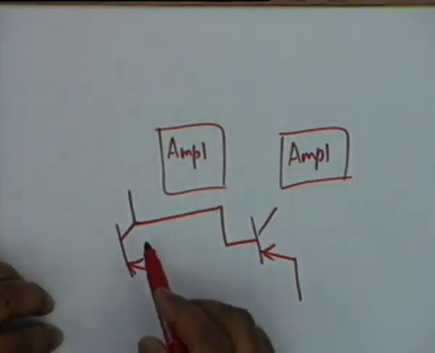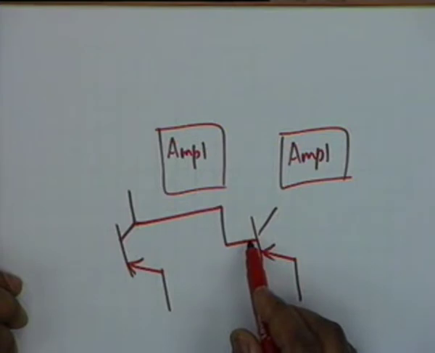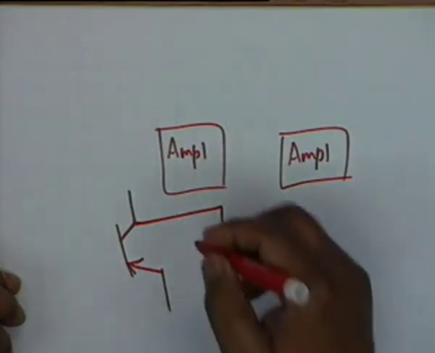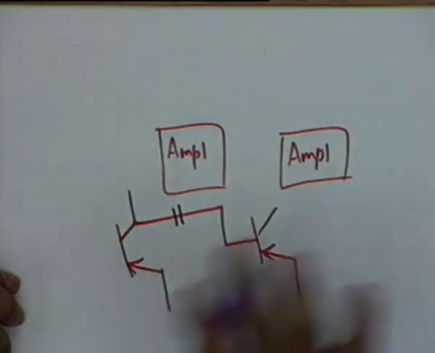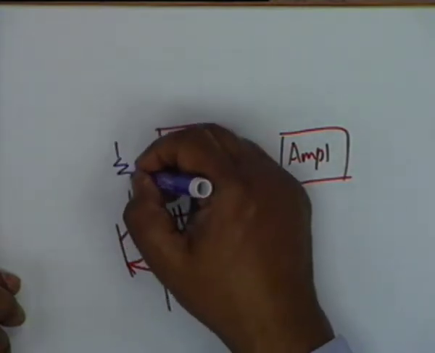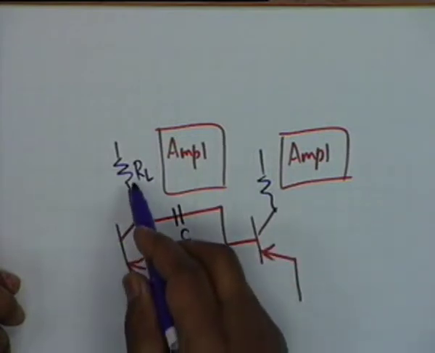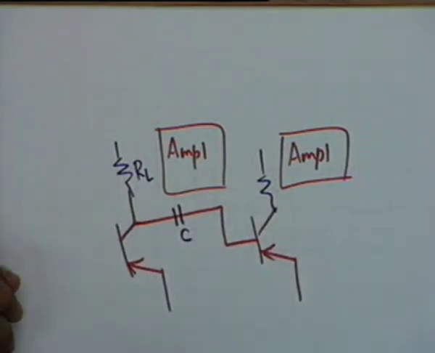Well, the problem is that this would be at a high voltage, VCE. If you connect this to the base, then the base does not require that high voltage, and therefore DC coupling may introduce distortion. What you have to do is to introduce a C here, a capacitor, so that DC is blocked but AC is passed. And there is a load here, RL. For every transistor there is a load, and therefore this coupling is called RC coupling, resistance capacitance coupling.